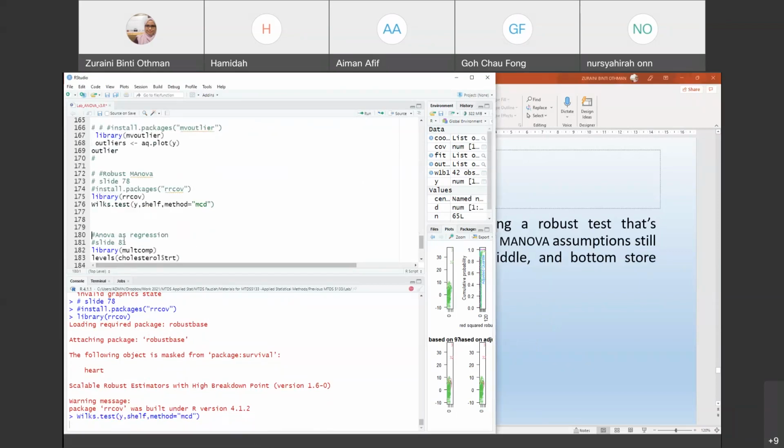From this, it's still running here. After this, we can see the robust one-way MANOVA result. Waiting for R to complete running this function. What can we conclude from the table?